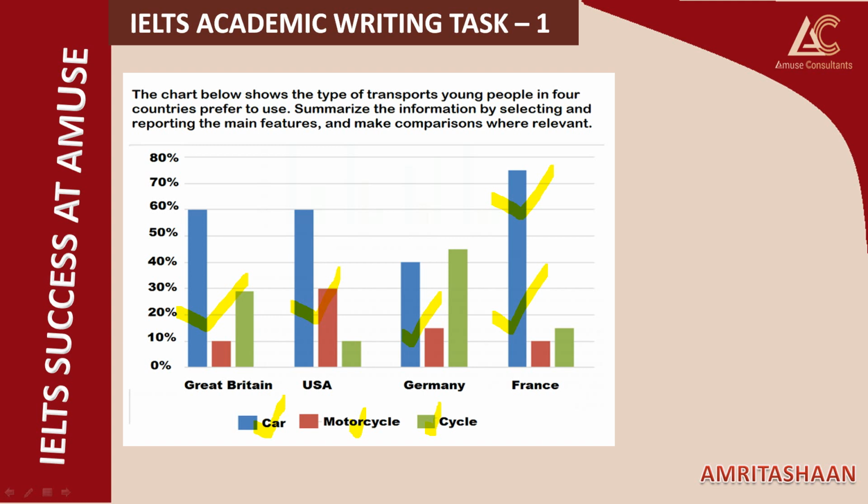If we talk about motorcycle, it is highly used in USA, but it is a second choice, and in comparison to car, the figure is approximately half. Cycle is a first choice in Germany, and in comparison, the figure for car lovers is comparatively down.